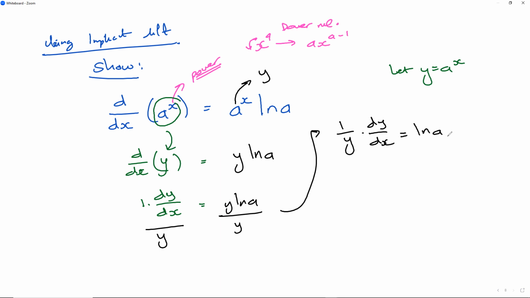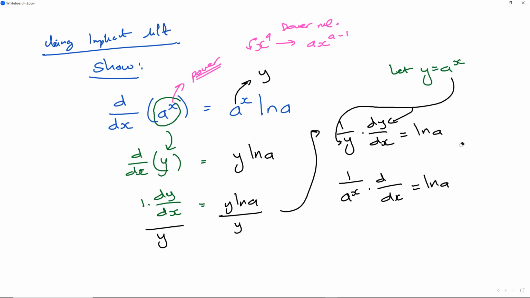And once I have this, I can bring the a to the x back in over here, which will become 1 over a to the power of x times dy/dx equals ln a. But I can also bring it into the y. So I can actually change this y value into a to the power of x.